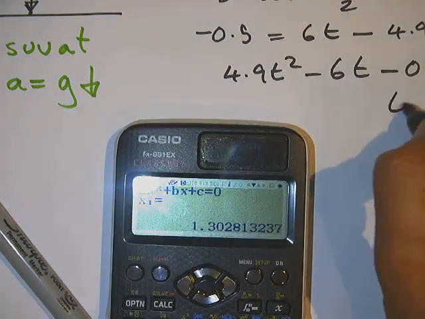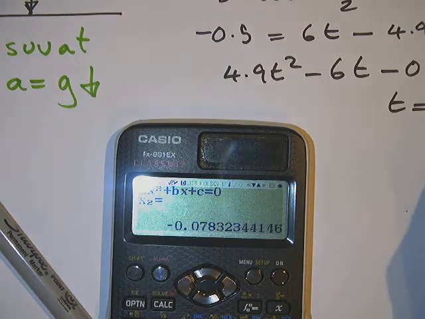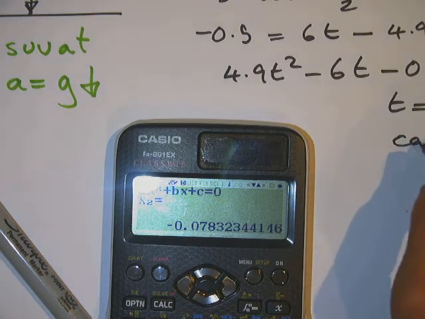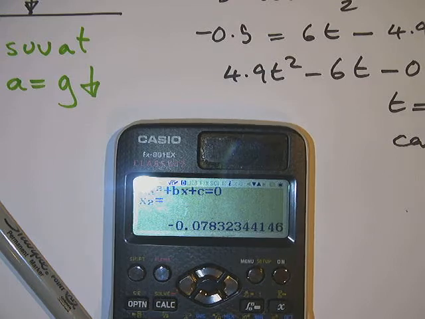So T is 1.3 or minus 0.07. It can't be negative, so we discount that.